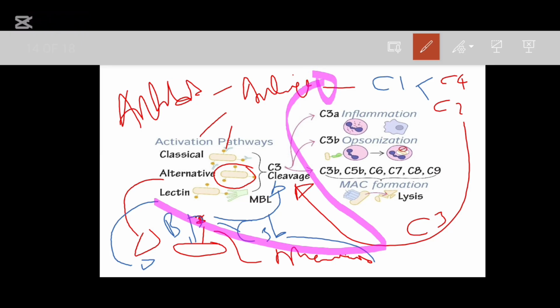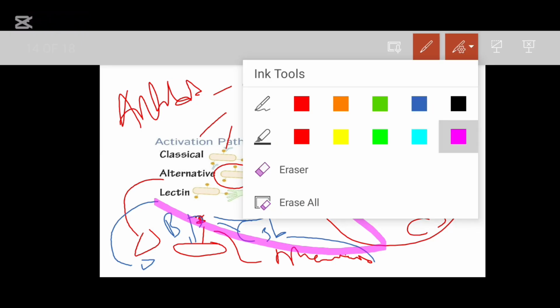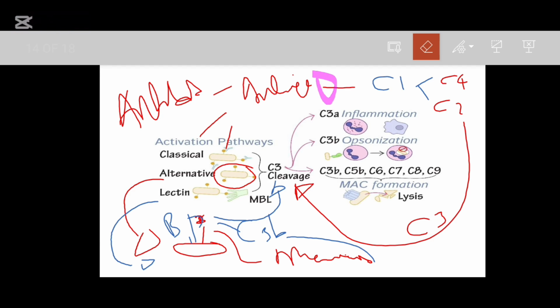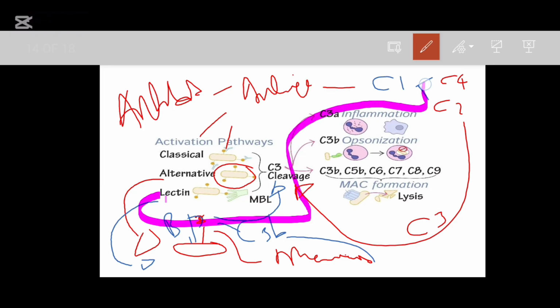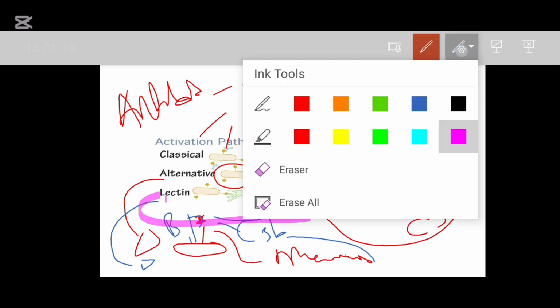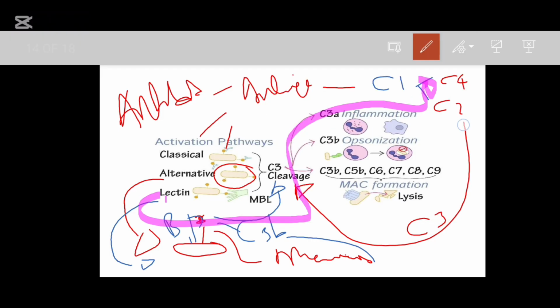It starts from here. Once the MASP enzyme has been activated, the process starts from here. Then C4 and C2 get activated, and it's going to lead us again to the C3. So have we seen how these things get to be activated?